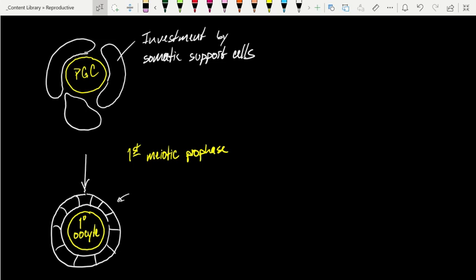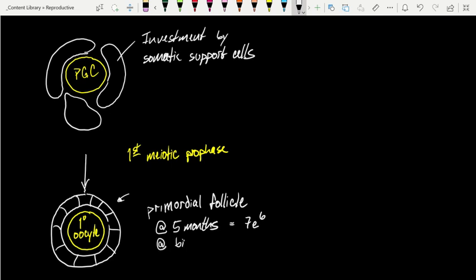Because at this stage, what we have is called a primordial follicle. It's interesting, at 5 months development, right? This is prior to birth. A female embryo has roughly 7 million primordial follicles. Over the next 4 months, many of these are lost, so that at birth, the female is born with about 1 million primordial follicles.